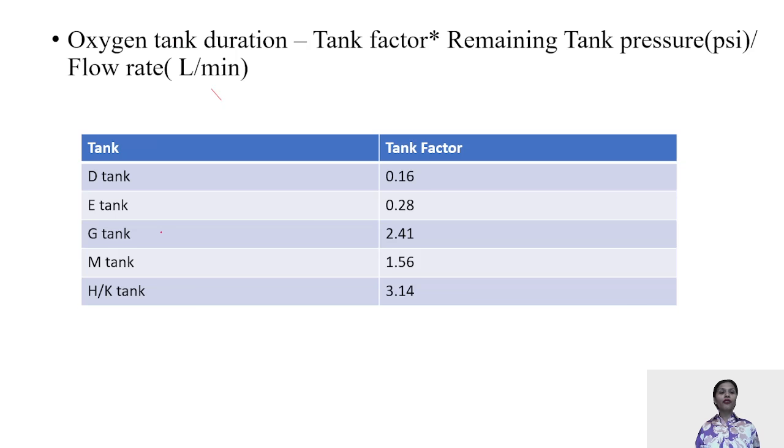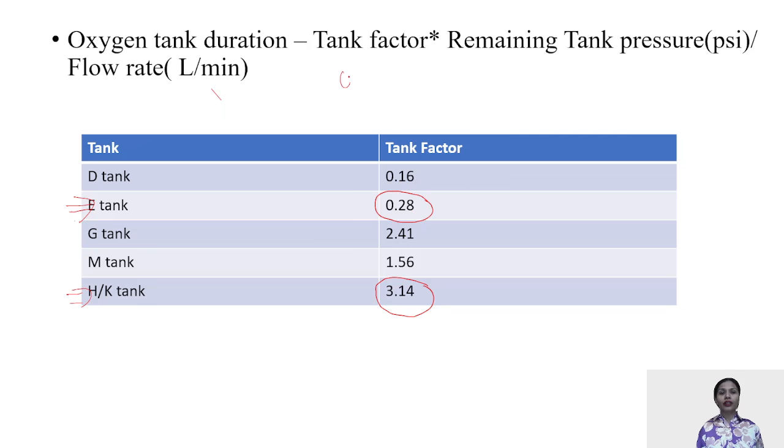For example, if you have an E type oxygen cylinder, which is the most commonly used, every cylinder has a tank factor. The E type has a tank factor of 0.28. Remember the tank factors of two cylinders, E and H. E is 0.28 and H is 3.14. Of course, H is a bigger cylinder.